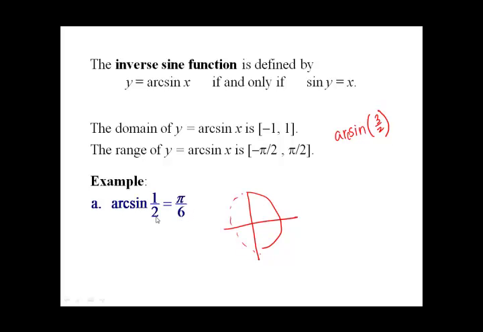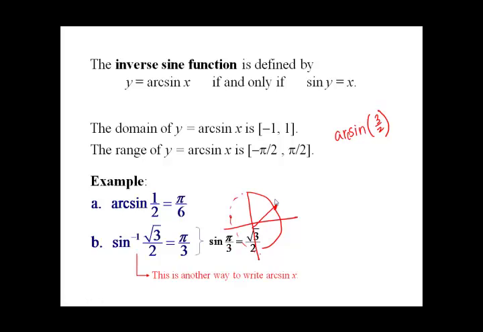They take in side-to-side ratios and output angles. We're asking ourselves what angle would have a height or a y value of 1/2, and because there were two possible answers, this restriction limited it to only this part of the unit circle, so we're only interested in pi sixths. So this is two ways that they can notate it in your book, just so you know they're both inverse sines.